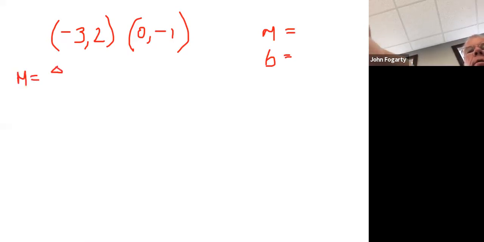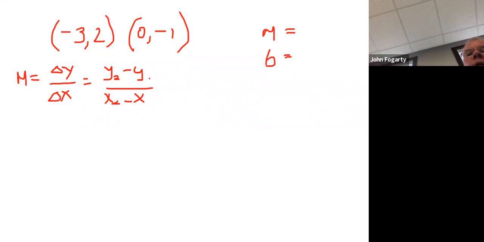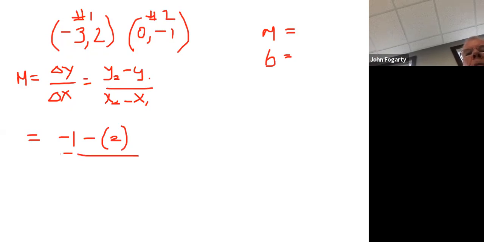Change in y over the change in x, which means y2 minus y1 over x2 minus x1. No big deal. I'm going to make this number 1 and this number 2. So I'm going to go y2, -1 minus 2 over 0 minus -3.